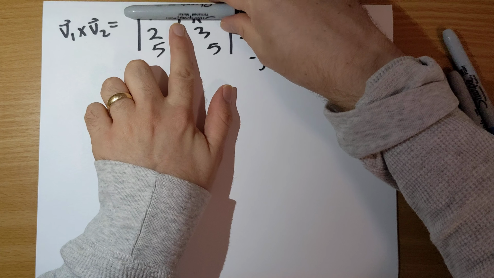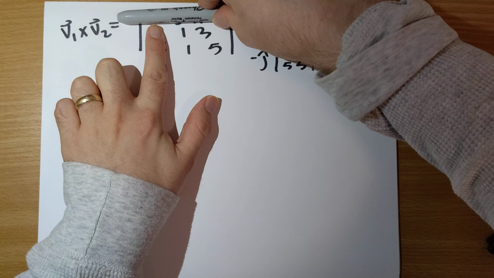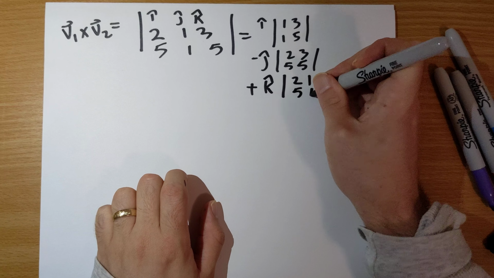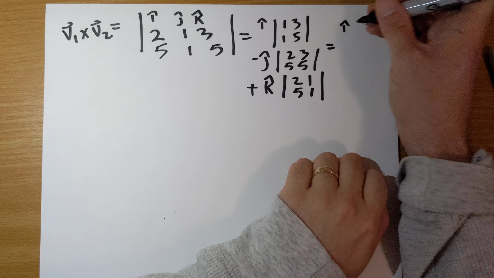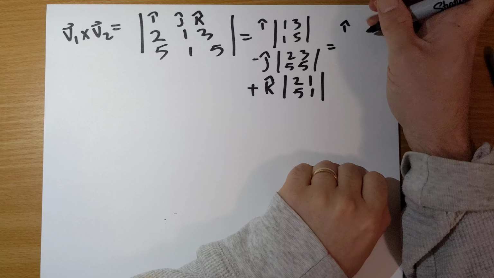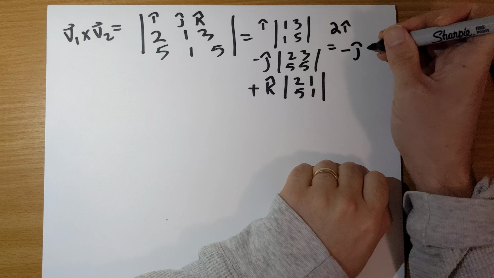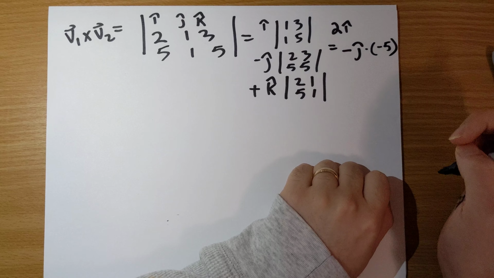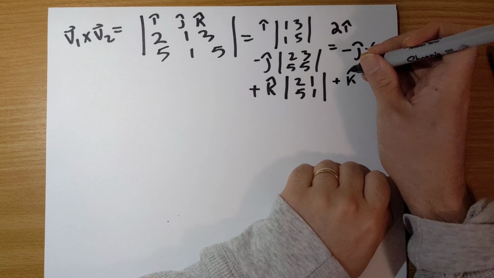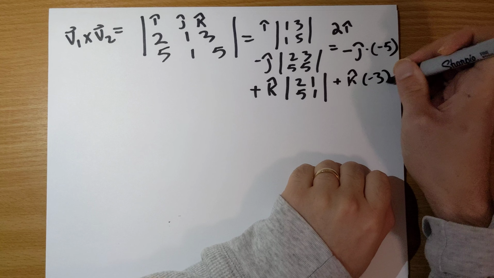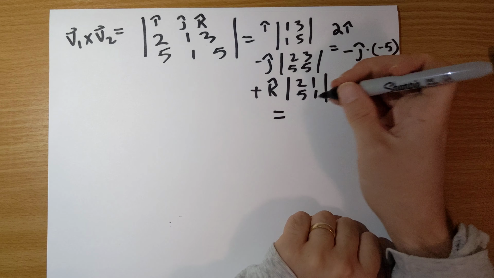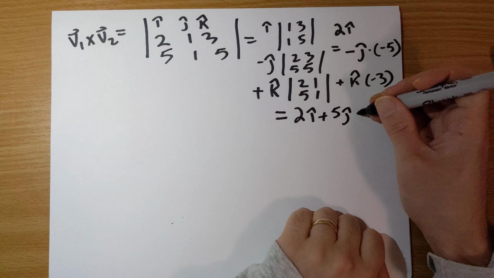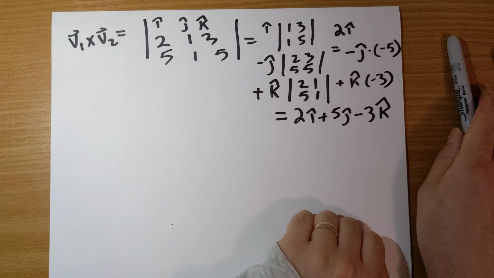For this, I'm just covering up the top row and first the first column, second column, then I'll be covering up the third column here, 2, 1, 5, 1. So i hat times 5 minus 3 is 2, minus j hat times 10 minus 15 is negative 5, plus k hat times 2 minus 5 is negative 3. So our cross product here is 2i hat plus 5j hat minus 3k hat.